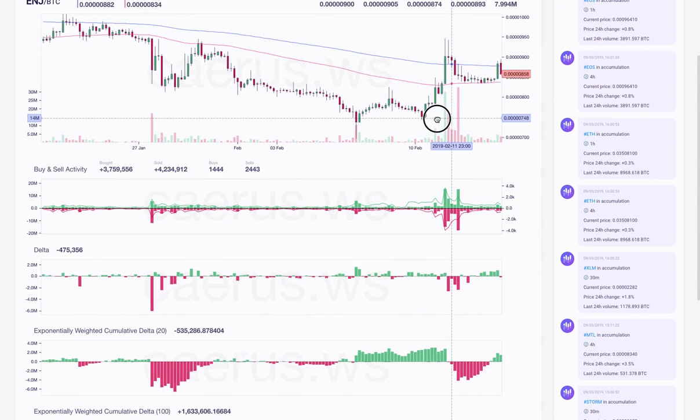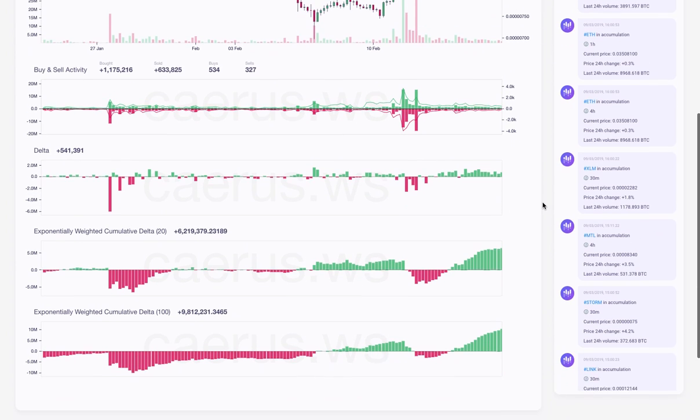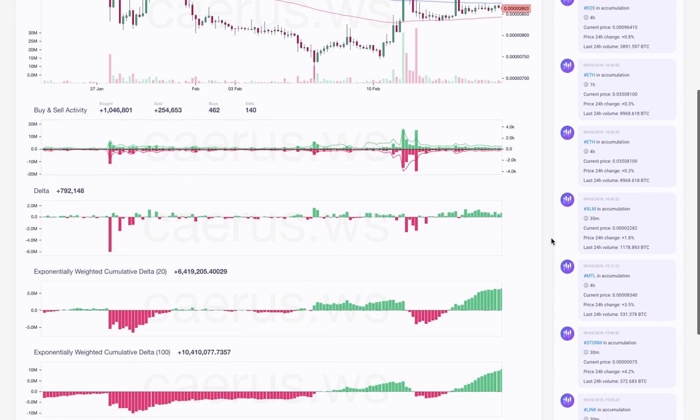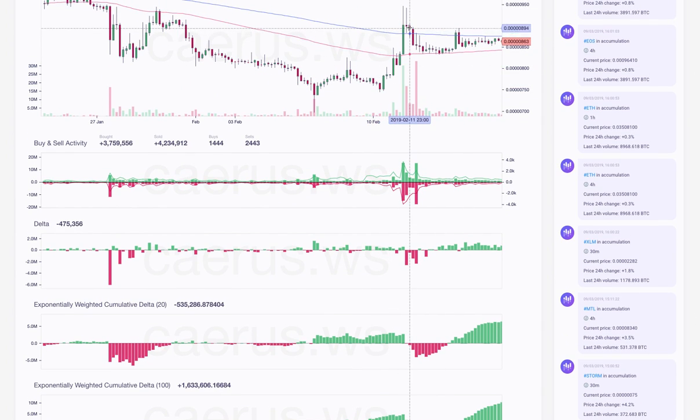After that there was the first little pump. So what you could do, first you see that the market mood has changed. It was all red, and here the cumulative delta turned green, which means someone started to accumulate the asset. So what you could do here is buy at around 770 Satoshi, and then you would see the price rising.